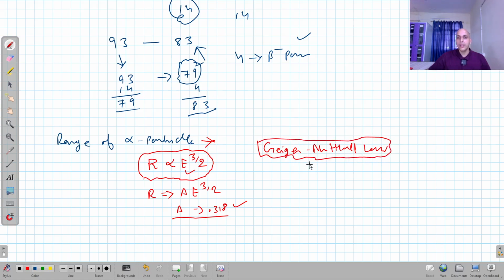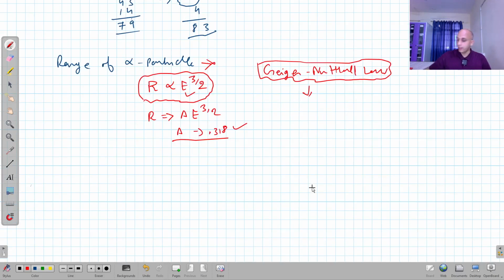According to this law, if I plot a graph between the logarithm of disintegration constant and the logarithm of range, then approximately a straight line is obtained for each radioactive series, right? And according to this Geiger-Nuttall law, the equation is log of lambda is equal to A log of E energy plus B constant, right?